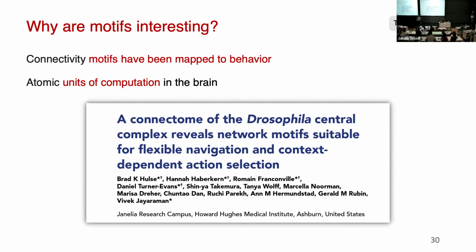You can think of these small circuit patterns as atomic units of computation in the brain. And they have been previously mapped to certain behavioral aspects that animals can do. So for example, some of my colleagues at Janelia Research Campus have studied the central brain of the fruit fly and identified certain network motifs that allow the fly to encode direction in space and also flexibly navigate.